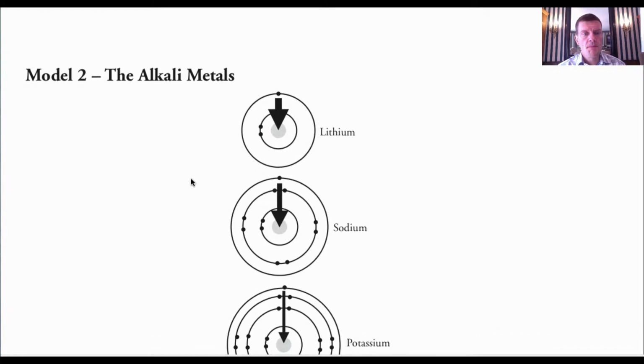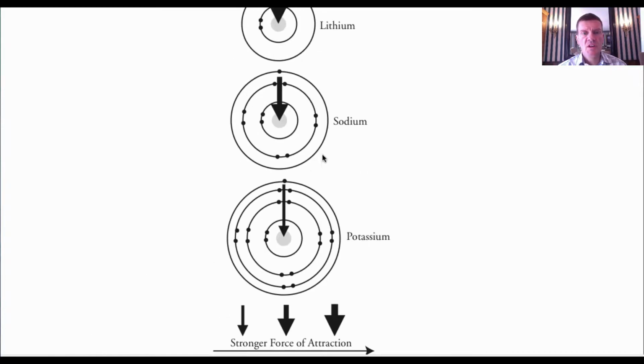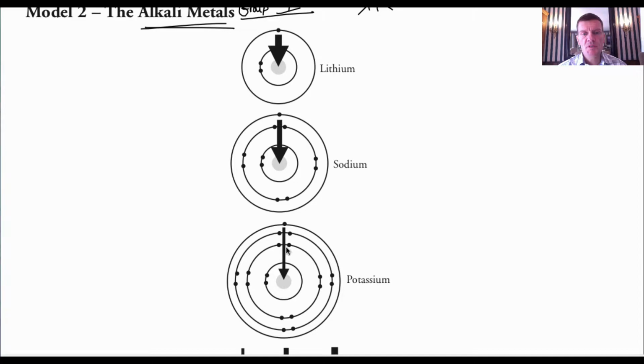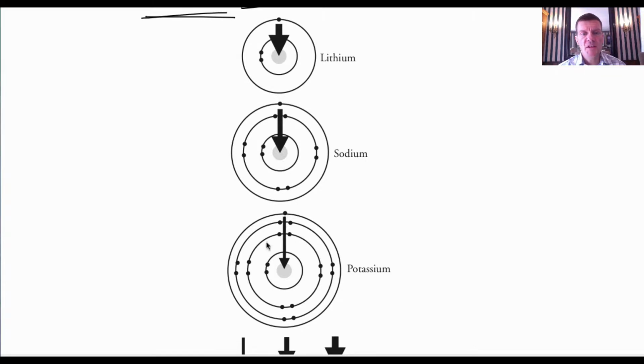Okay? Model 2, the alkali metals. By the way, these alkali metals are in group 1 on the periodic table. If you look at the periodic table, excluding hydrogen, which is also in group 1 but we'll ignore that for a little while, these are the alkali metals. We're going to notice there's something similar about all of these, and we're also going to talk about what's different, because they're going to have a pull on their electrons.